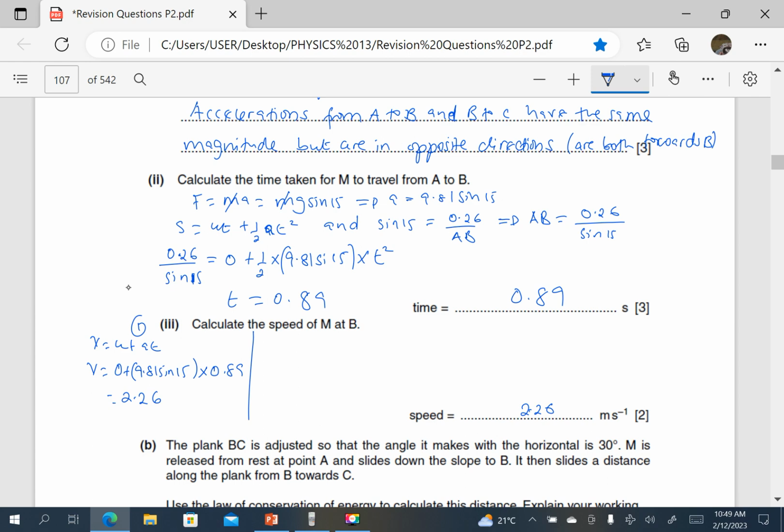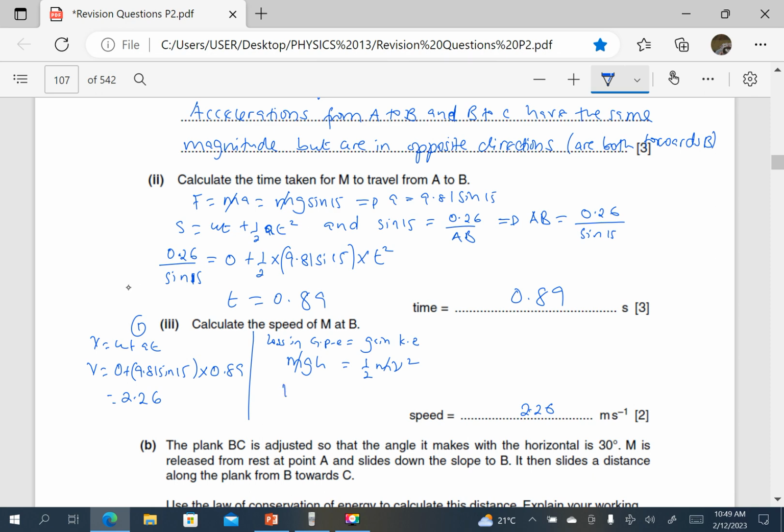Method number 2, we can use kinetic energy, where we can say the loss in potential energy should be equal to the gain in kinetic energy. So the loss in gravitational potential energy should be equal to the gain in kinetic energy. The loss in potential energy is mgh. The gain in kinetic energy is going to be a half mv squared, and we want v. So m cancels. In this case, we don't use the component of g down the plane because we are not using the acceleration. We are looking at the vertical.